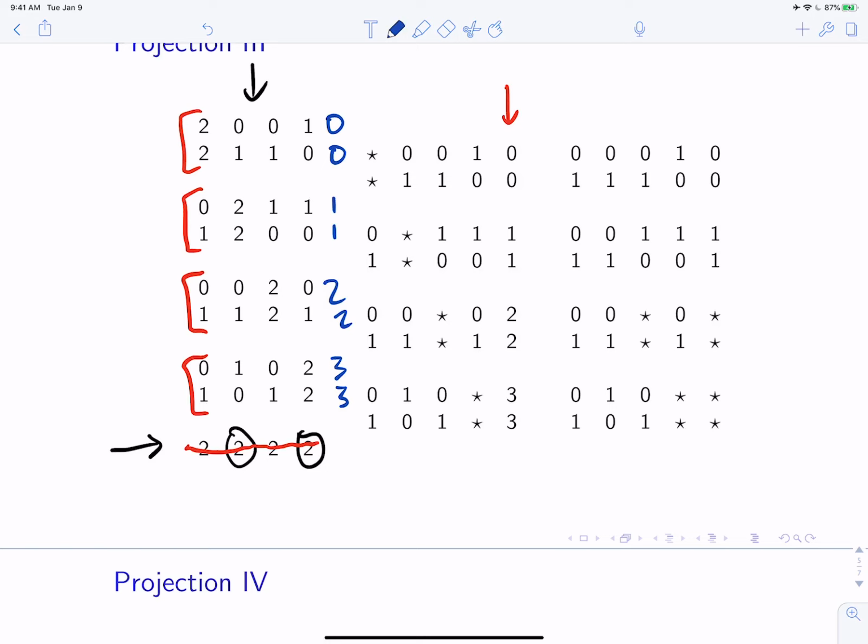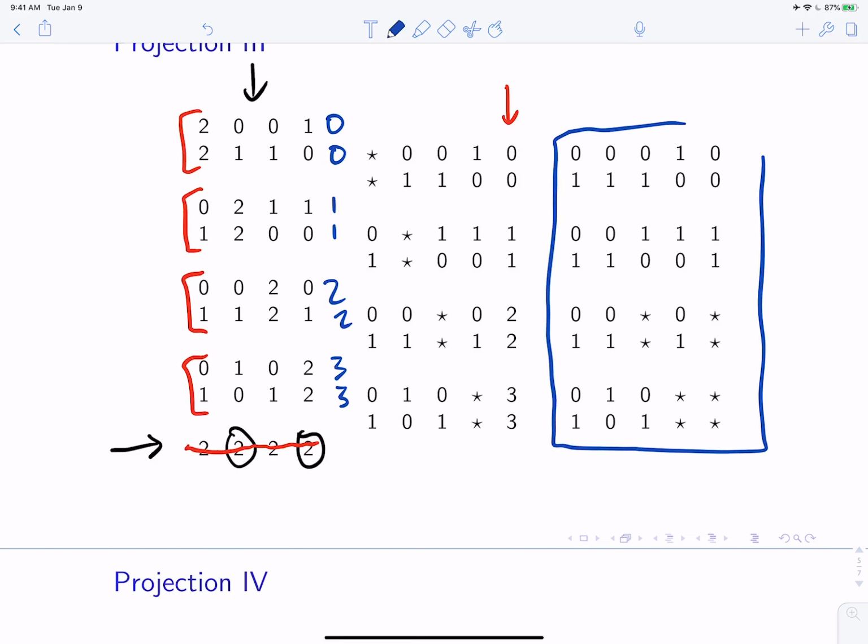And that's how we get the array on the right, where because we're trying to reduce the number of symbols by 1, we started off with 3, we're trying to get rid of 2s and consequently 3s. So that's why this array on the right corresponds to changing all of the 2s and 3s to don't care positions.